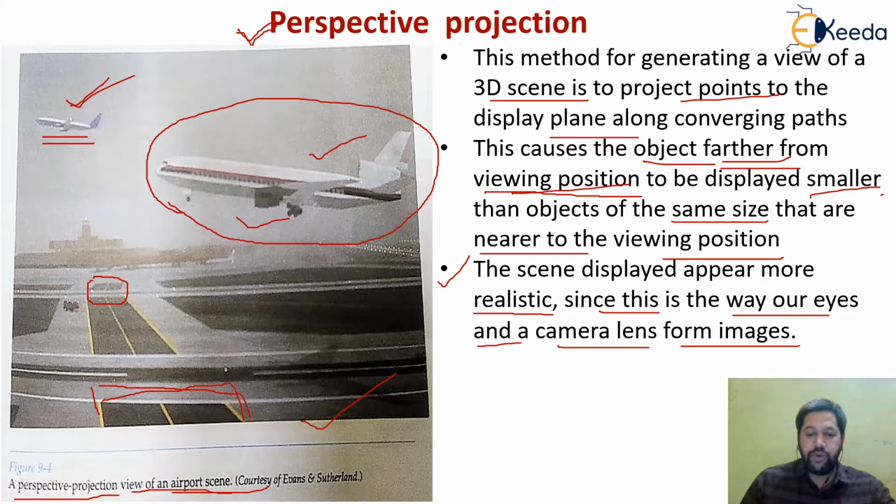As well, if you capture it with the help of a camera lens, I think the view will be similar, because the same thing happens with the human eyes as well as with the camera. So that's why the advantage of perspective projection is that the scenes displayed with it are realistic scenes or realistic images.